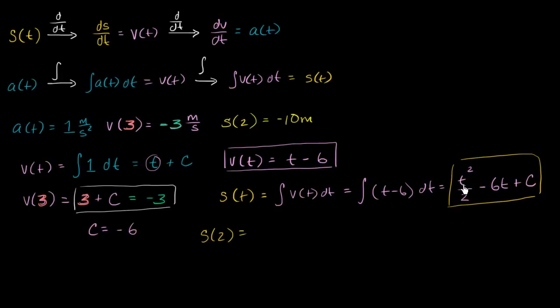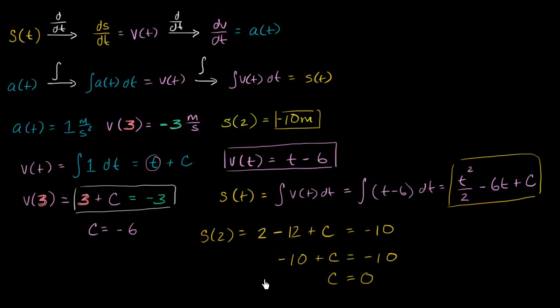That's 4 over 2, that's going to be 2, minus 6 times 2, so minus 12, plus c is equal to negative 10. So 2 minus 12 is negative 10, plus c is equal to negative 10. So you add 10 to both sides, you get c in this case is equal to 0.